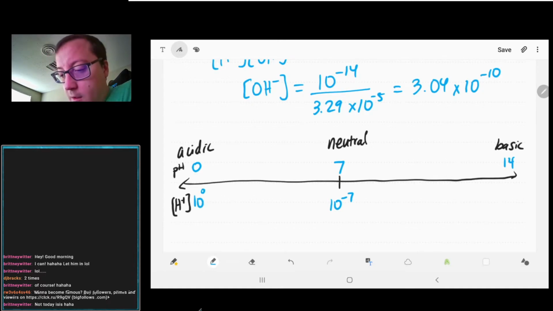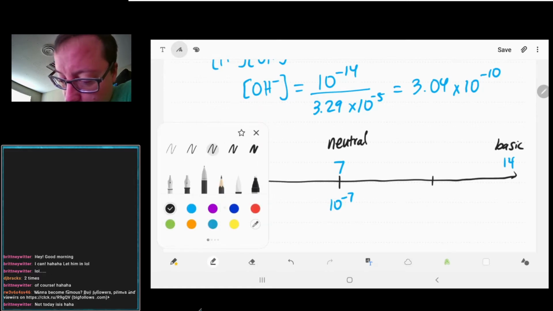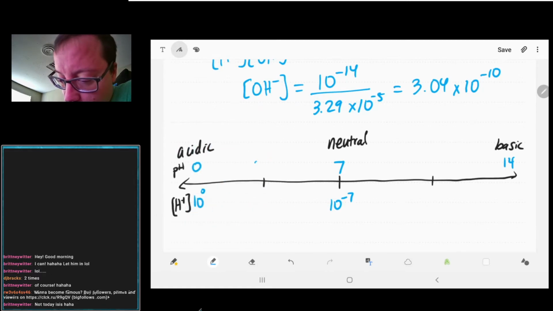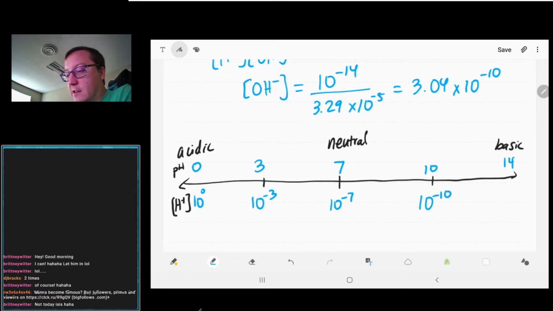But let's do this one. Let's say we have a pH of 3. That would be 10 to the negative 3 would be your concentration of H+. And if you had something like a pH of 10, that is a concentration of 10 to the minus 10.